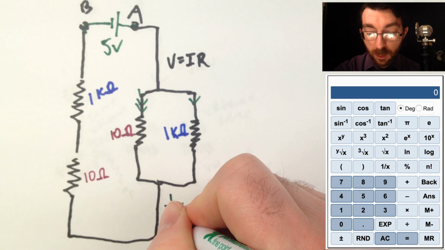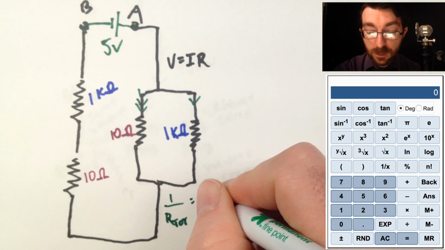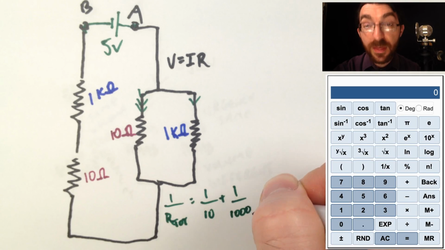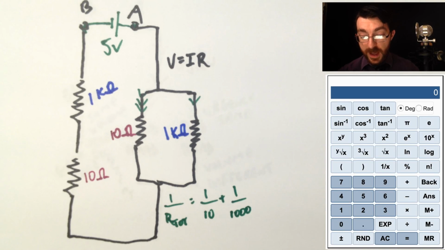1 over the total resistance is going to be equal to 1 over 10 plus 1 over 1000. So let me go ahead and actually do that calculation. 1 over 10 plus 1 over 1000.